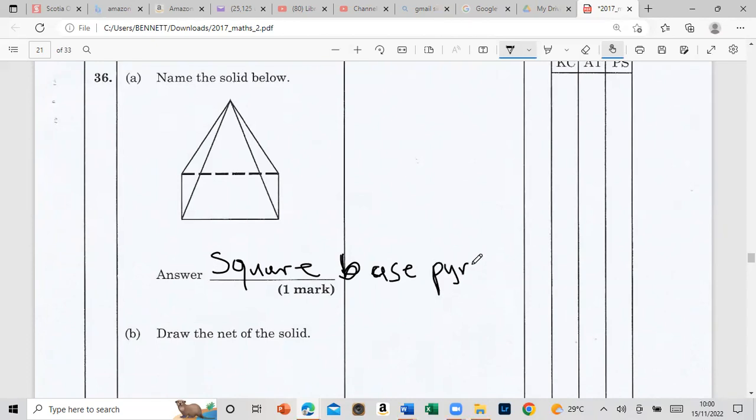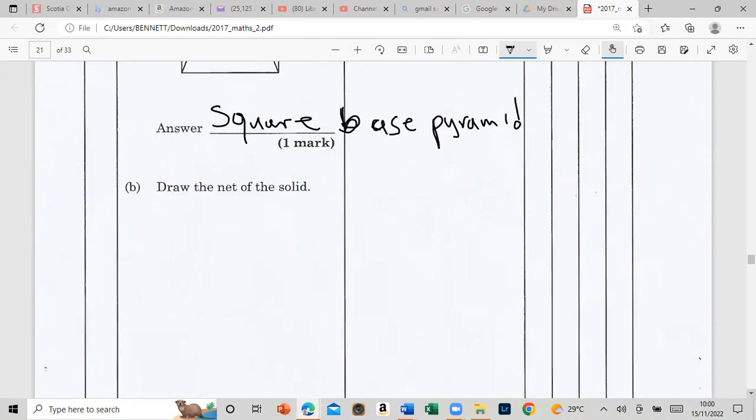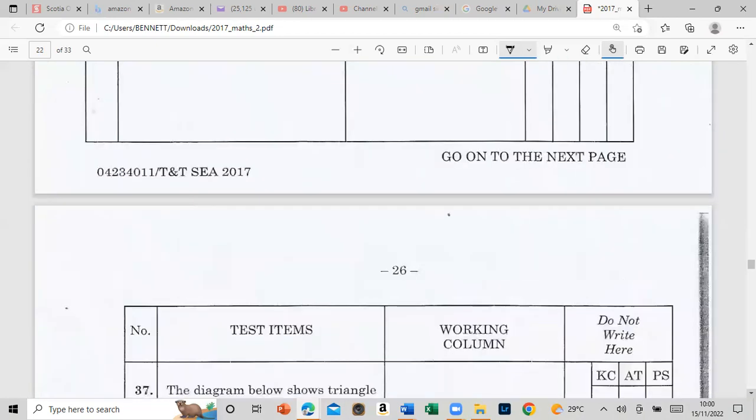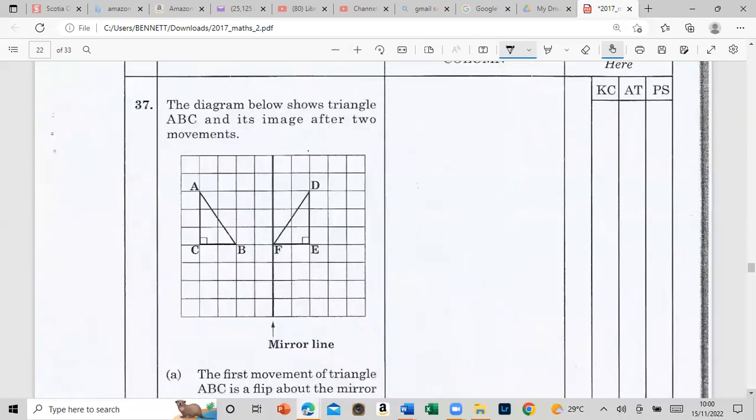And I get 1 mark for that. Could it be the tetrahedron? No, that's when you have a triangle like this. Alright? So guys, just know them. Drawing it up is solid. I'm not good at drawing. Alright, 37.